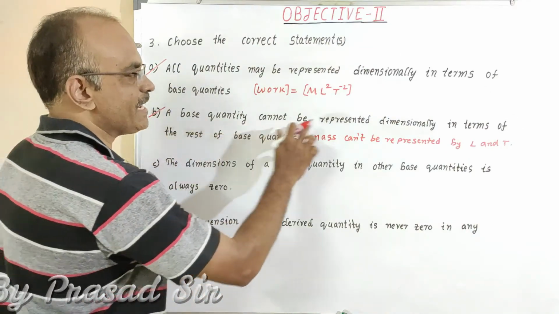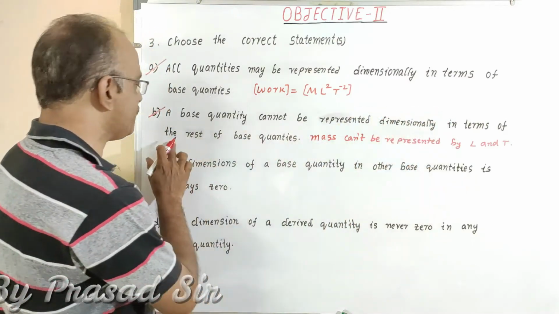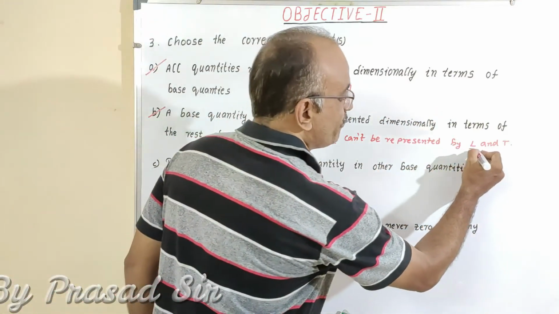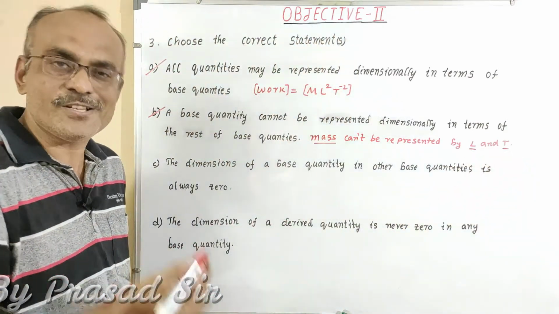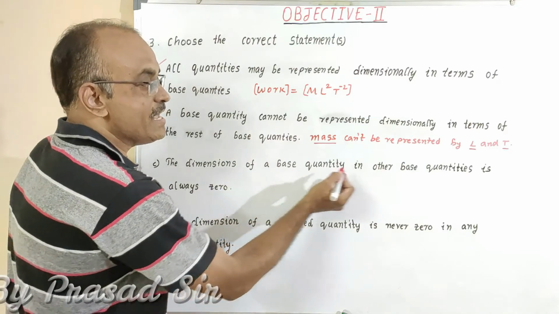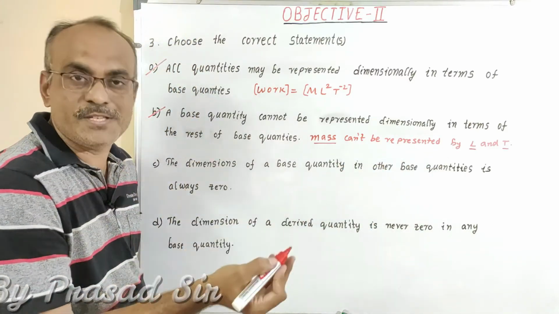A base quantity cannot be represented dimensionally in terms of the rest of base quantity. Mass cannot be represented in terms of L and T. That is also correct.